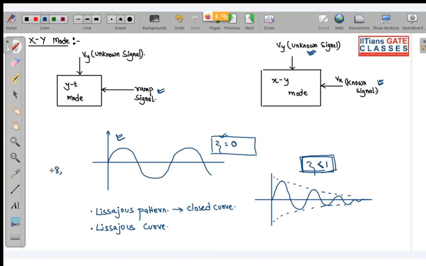Whereas Lissajous curves are open curves, means you will find some open end. In Lissajous pattern, you won't find open end. It will be always a closed curve. Sometimes even these two are combinedly called as Bowditch curve or Bowditch pattern also.